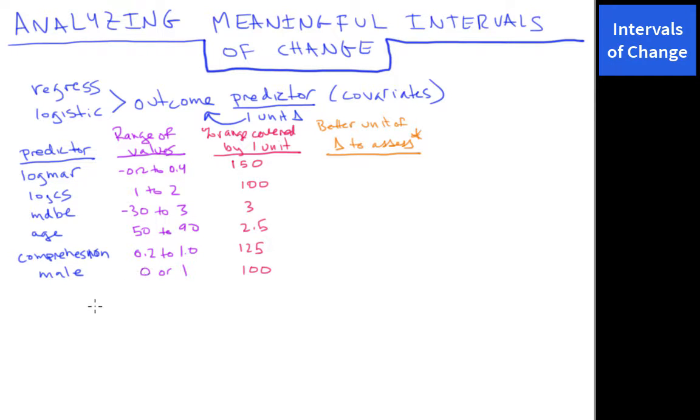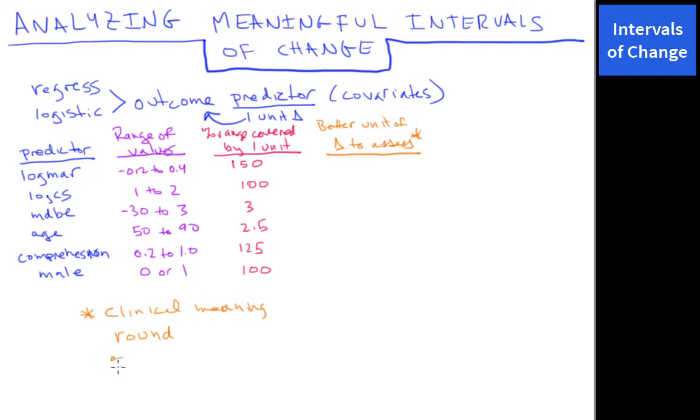How are we going to decide that? Well, let's think about it. First of all, we're going to want to look at something which has some clinical meaning. We'll want to choose a number which makes sense, so we probably don't want to look at a 2.3 unit change. We'll probably want to use something which is somewhat a round number.